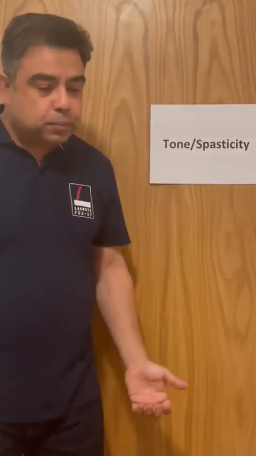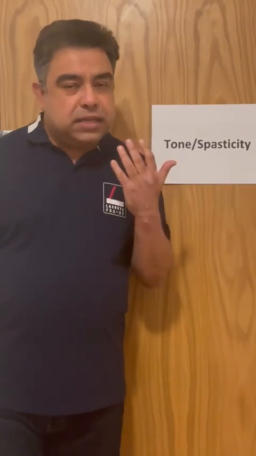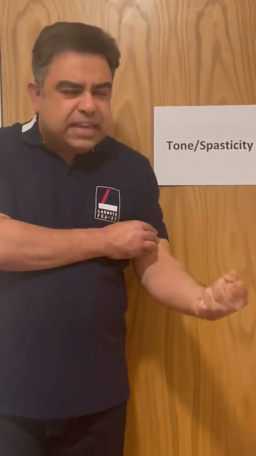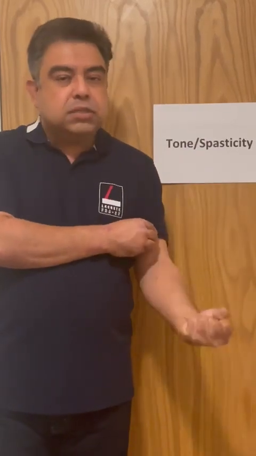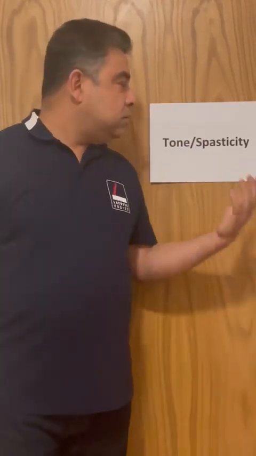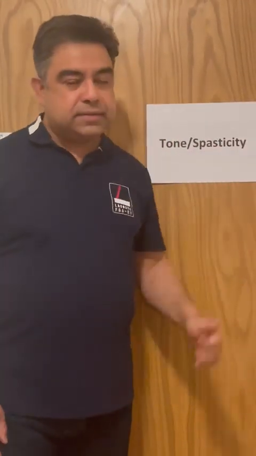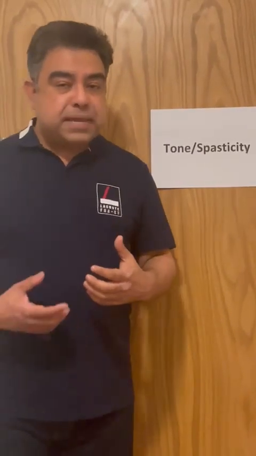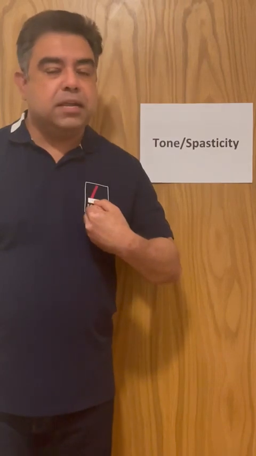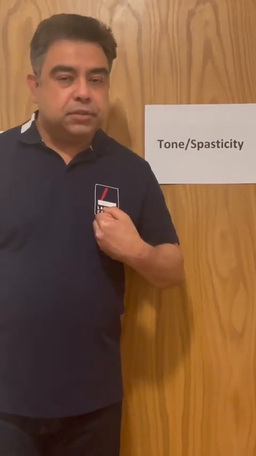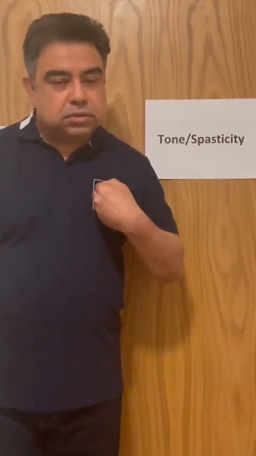Now, while the muscles are still stretchable, although they might be tight, they can be stretched a little bit. They have movement. That is called spasticity. So tone starts, and as it gets stronger and stronger, it develops towards spasticity. But the next step from spasticity is contracture, where the muscles are permanently contracted and you can't release them.